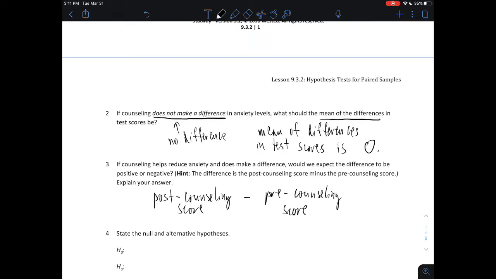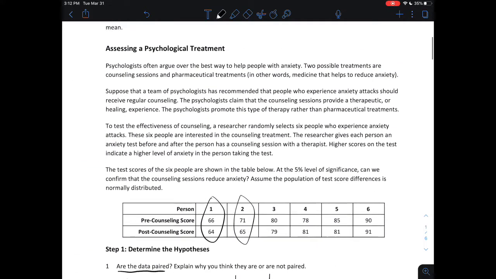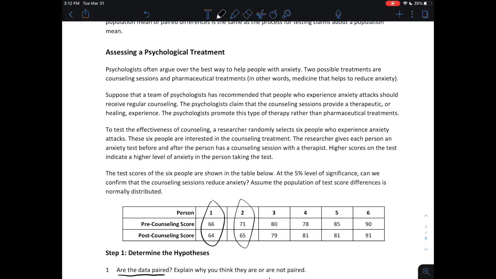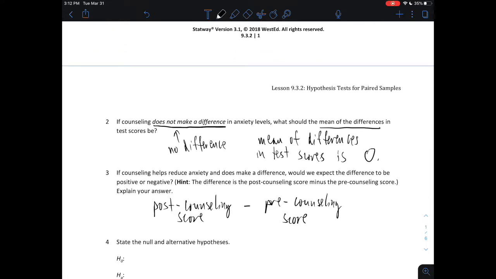If we go back to what was detailed in the study, at the very end of the third paragraph, it says higher scores on the test indicate a higher level of anxiety. So if we are taking the score after counseling and then subtracting the score before counseling was done, if the counseling is helping to reduce the anxiety, we would expect that the anxiety score on the anxiety test would be lower on the post-counseling score.